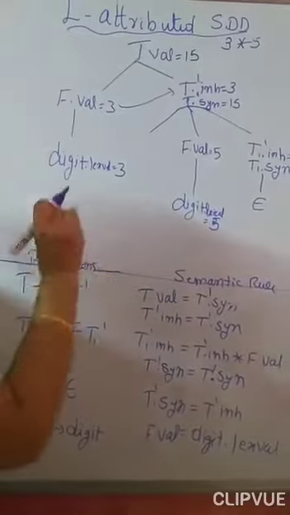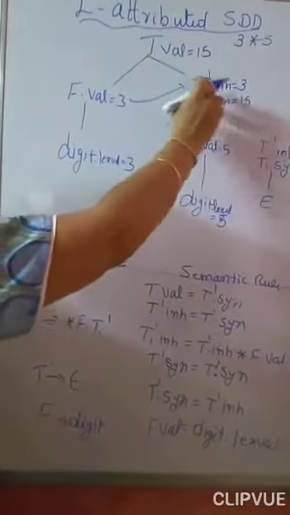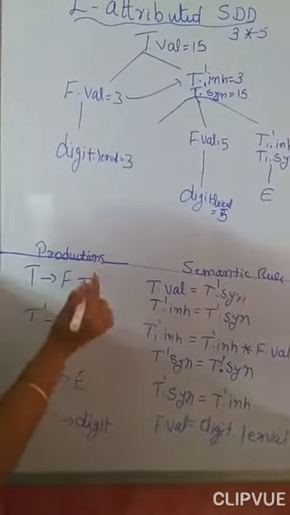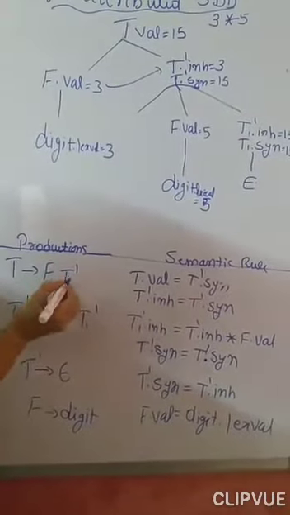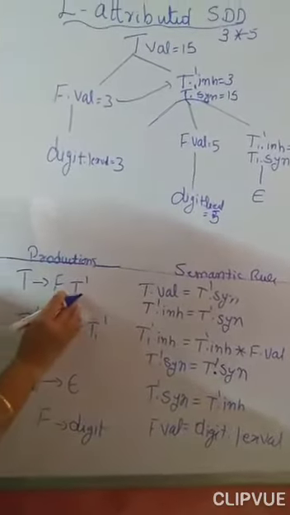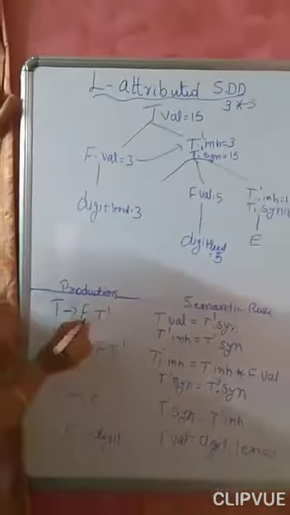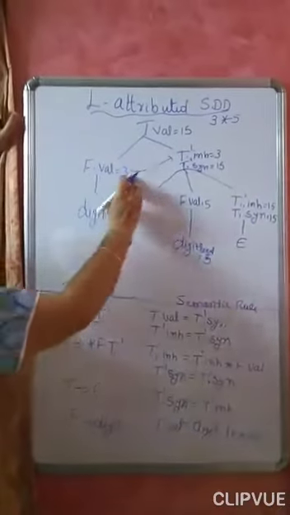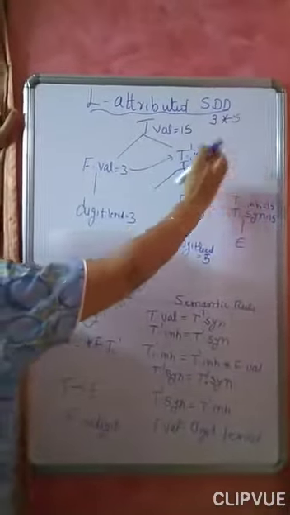I told you already what an inherited value is. So what is the inherited value of this T dash? It is the value you get from your sibling F. That is, T dash inherited is equal to 3.